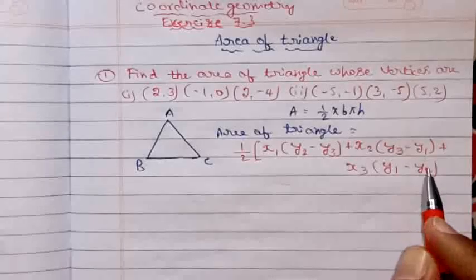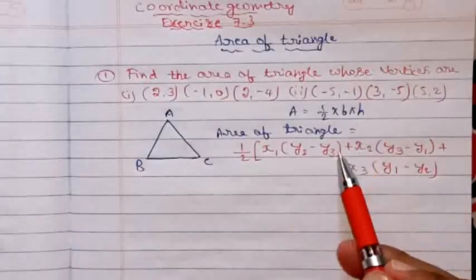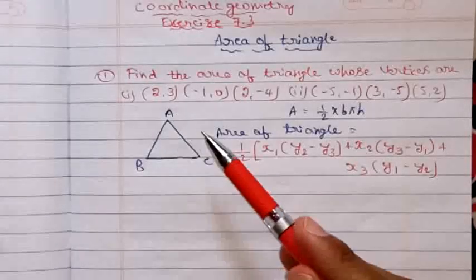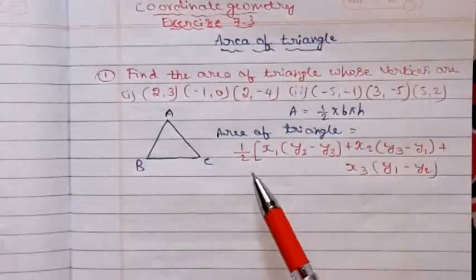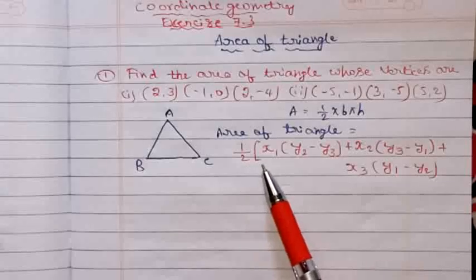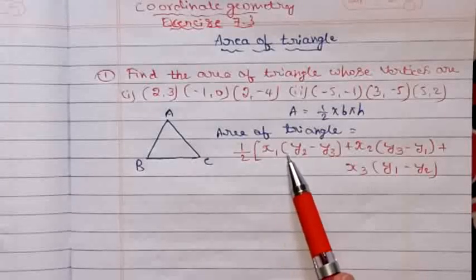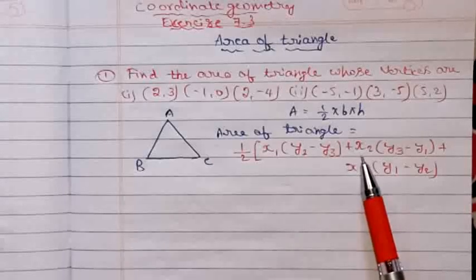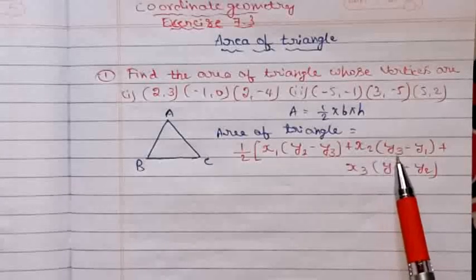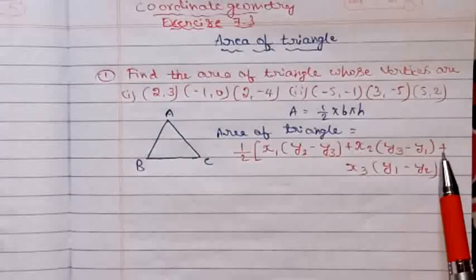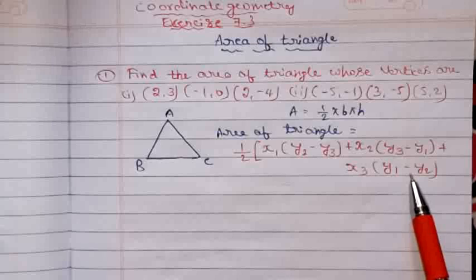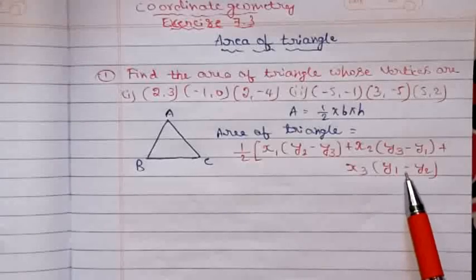Now this is the formula to find the area of a triangle if they have given the coordinates of the triangle, children, right? So now I'll say the formula once. Half into x1 into y2 minus y3 plus x2 into y3 minus y1 plus x3 into y1 minus y2. Now this is the formula, children, right?